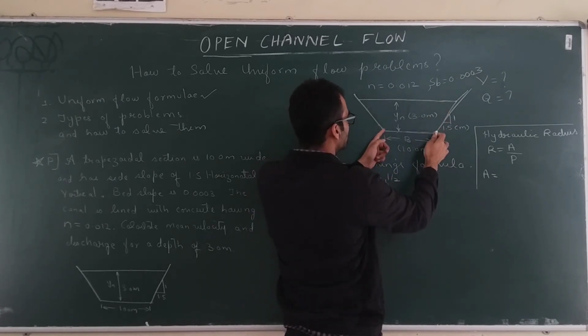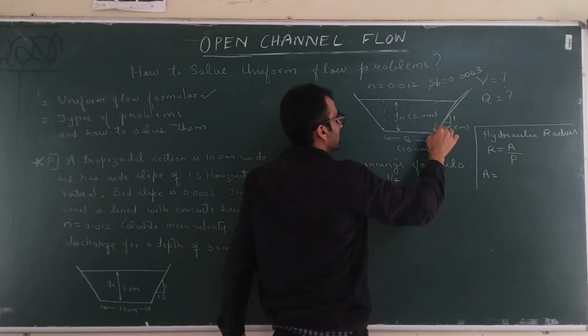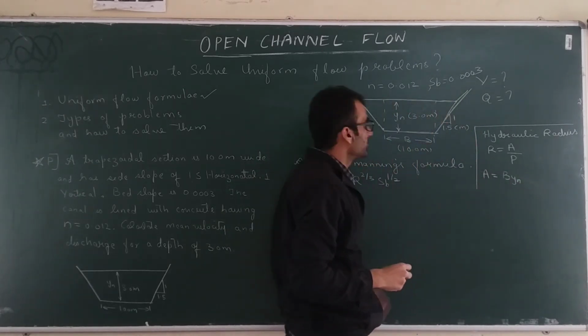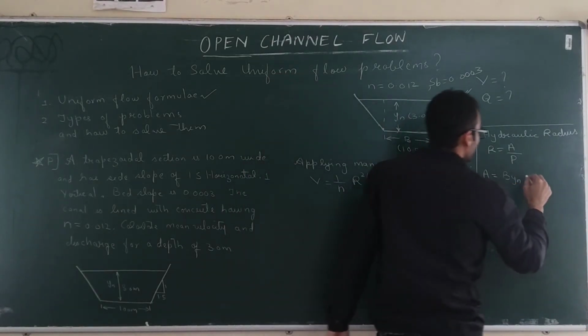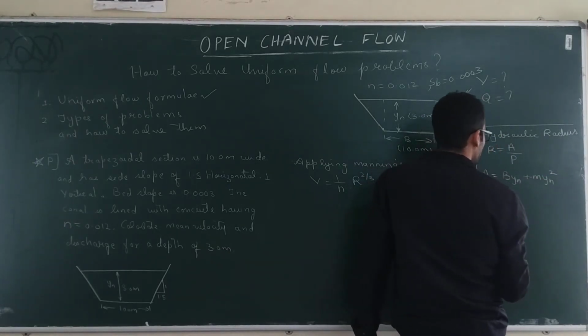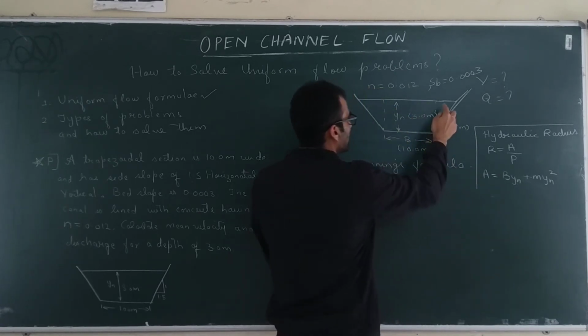It is the area of this rectangle plus the area of these two triangles. So area of rectangle is b times yn, where yn is the normal depth, plus m yn square for the two triangles.